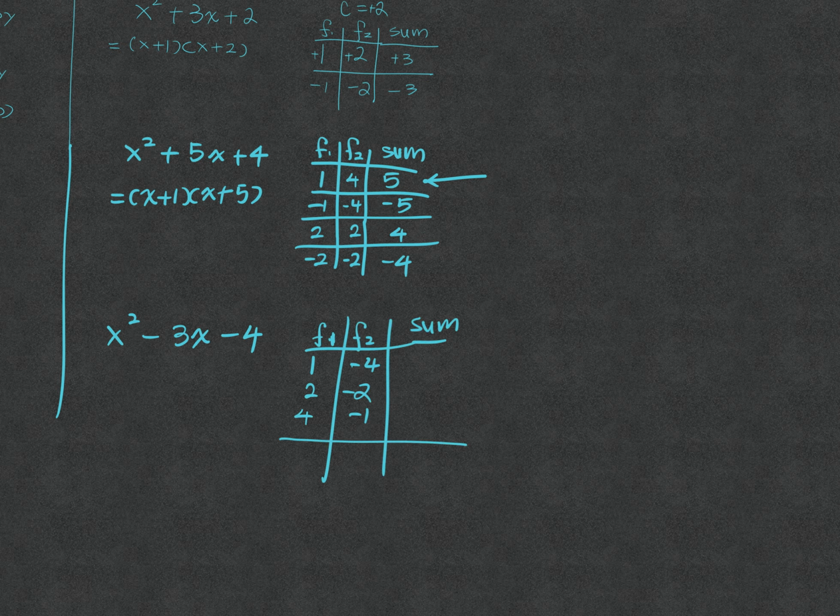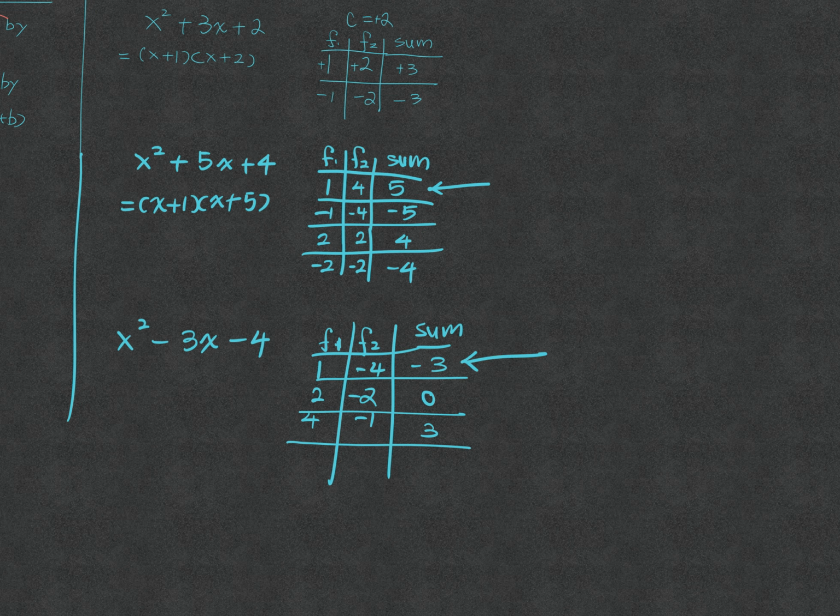Let's see the sum: negative 3 here, 0 here, 3 here. Which one matches what we need? We need this one because the middle term is negative 3. So we have x plus 1 and x minus 4 as the result.